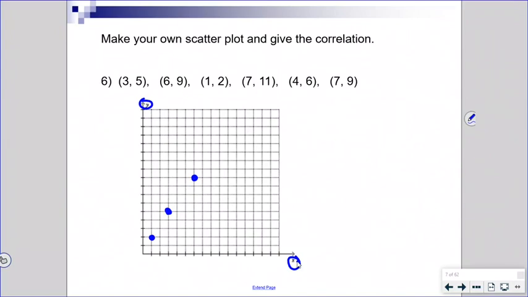Go right 7, up 11. 7, 11. 4, 6. 7, 9 is going to be 2 below 7, 11. And that's our scatter plot. Done. What kind of correlation is this? Positive, because you can imagine a line going up and to the right.